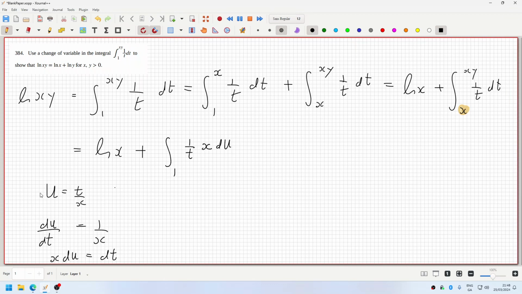And then when t is xy, we get y. Okay, so that would be log x plus x times the integration from 1 to y. Oh, now actually t over x, so this is x over t, so t over x is 1 over u du. So that would be log x plus log y.